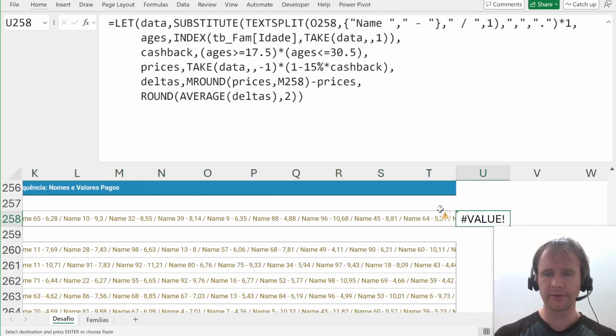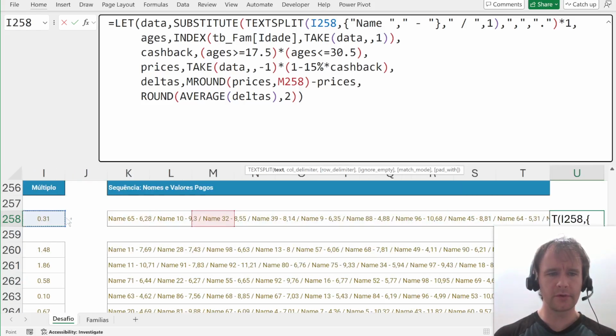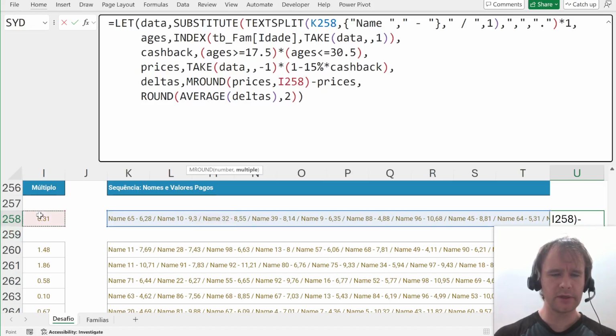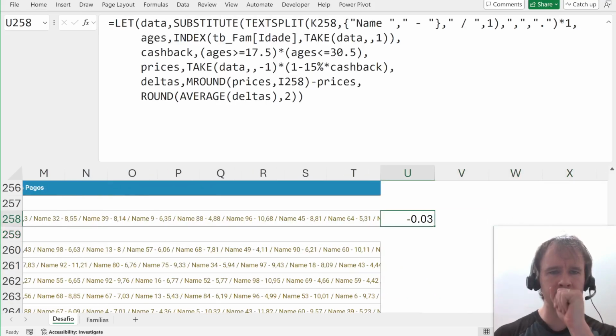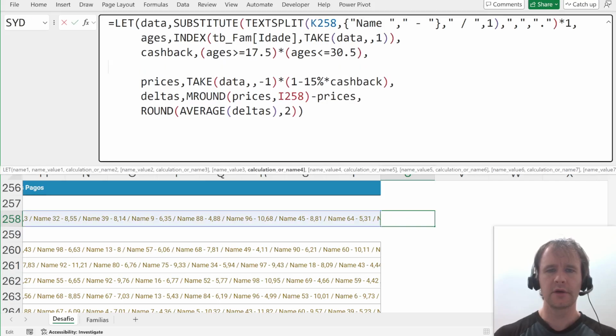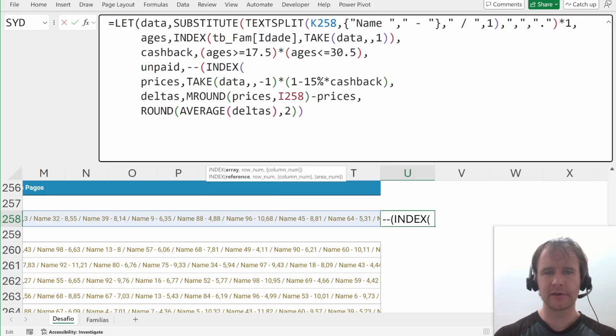So first things first, we're going to have to move this because this thing is much wider now. So point it to that, and point this to that. But we're not done yet, so I don't want the average. So cashback is good. Then unpaid can be minus index.